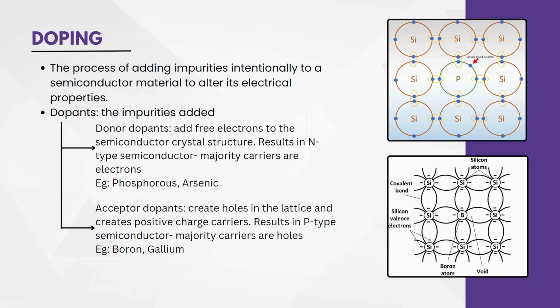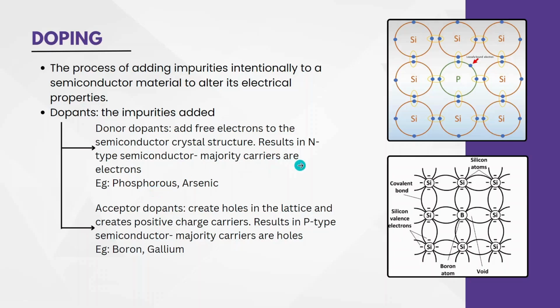Depending on the number of free electrons present in the dopant, we have N-type semiconductors and P-type semiconductors. When a dopant adds free electrons to a semiconductor, like in the case of phosphorus, it increases the number of electrons. Electrons means negatively charged, so it becomes an N-type semiconductor where the majority carriers are electrons, for example, phosphorus.